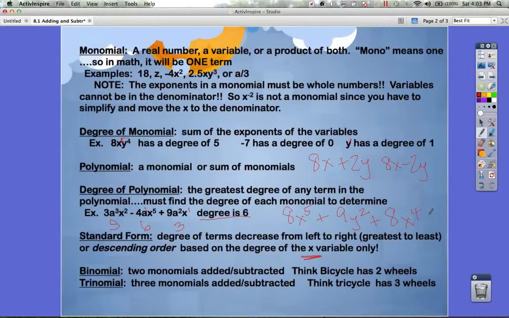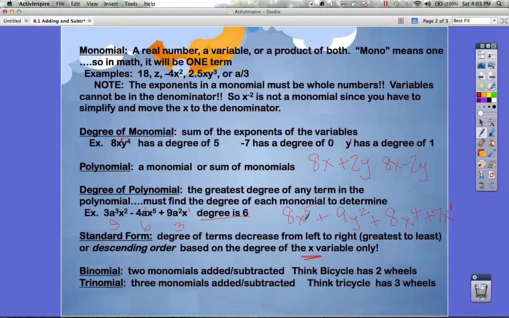8x^4 plus 7x. Okay? You're going to put that in descending order. You have to base it on the x's. Well, that's a degree of 1. This is a degree of 4. This does not have an x, so that's almost like 0. And this has a degree of 5.